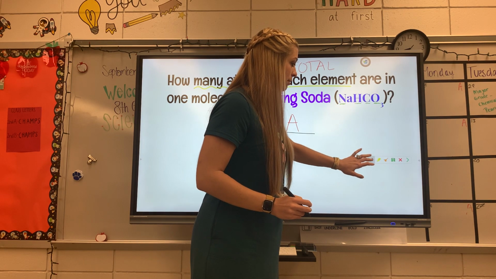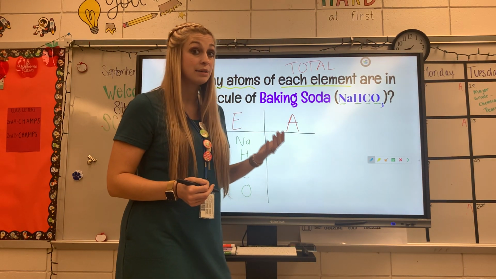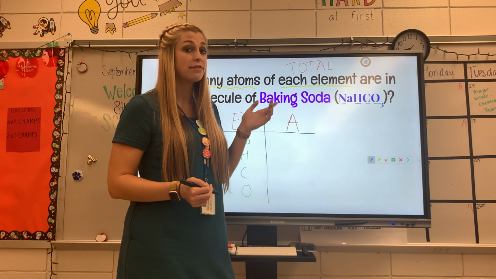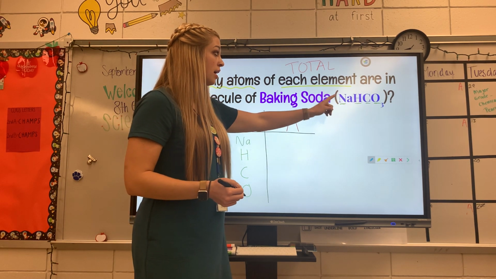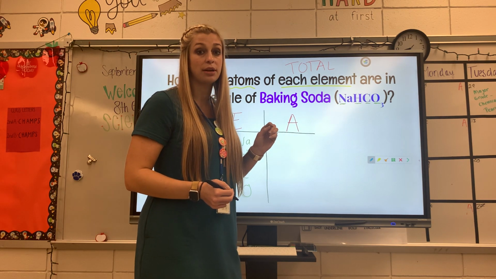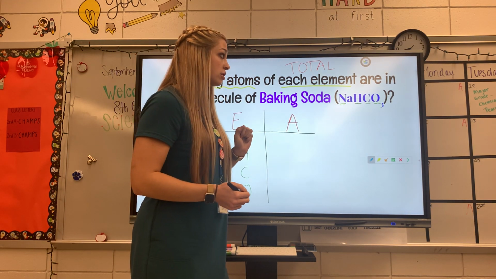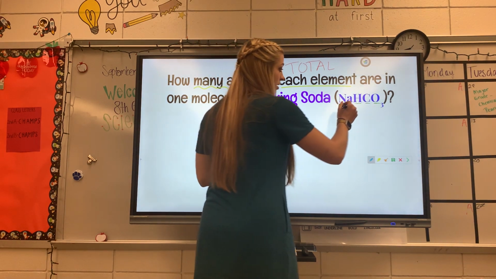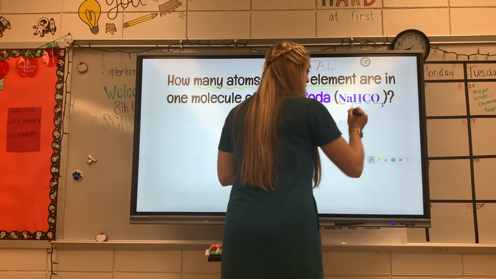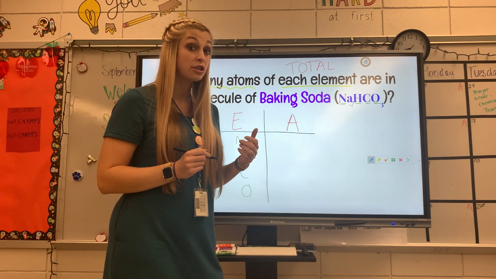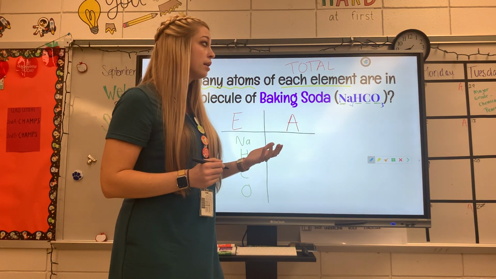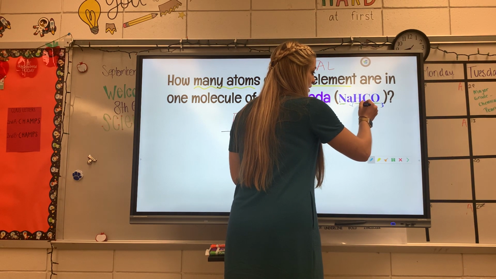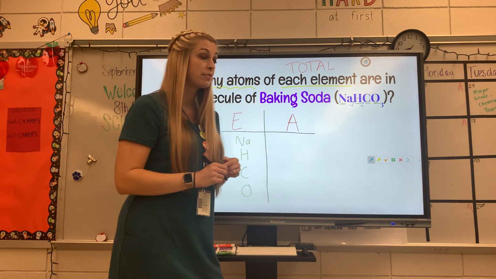Now I need to determine how many atoms of each element there are. But first, it looks like I have some 1s I need to add. Na doesn't have a subscript next to it, or a little guy. There's no little number hanging on to it, so I'm going to give it a 1. Remember, if there's no subscript, it's automatically a 1. H doesn't have a subscript, so I need to give it a 1.